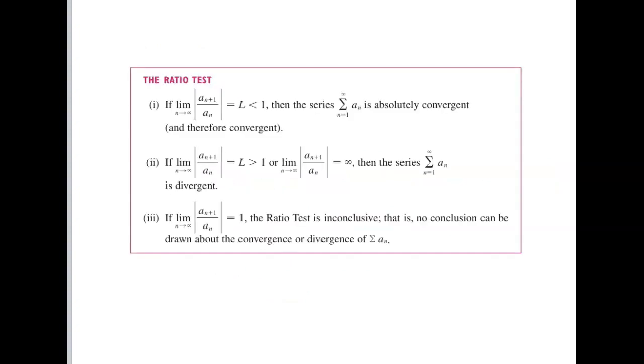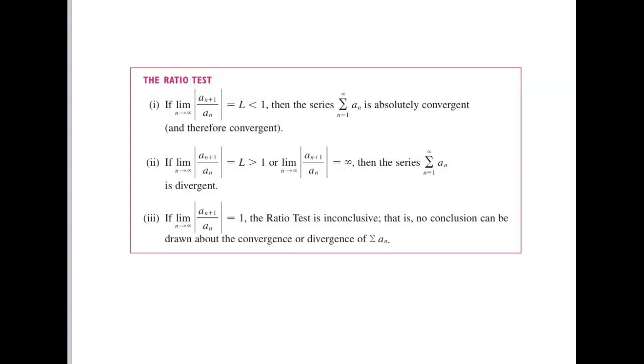All right. So from this, we can develop this thing called the ratio test. In the ratio test, you're going to look at the limit as n approaches infinity of a sub n plus 1 over a sub n. So you're looking at the corresponding sequence.